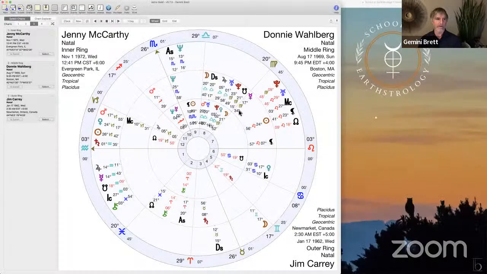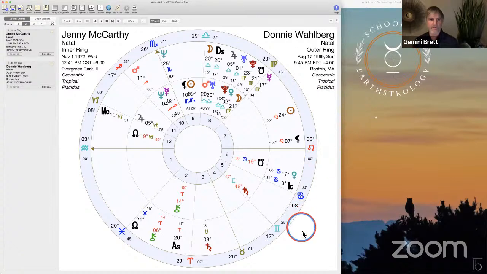And so, just to let you know where we've been since you haven't been here from the beginning, perhaps, I saw an interview of Jenny McCarthy and Donnie Wahlberg, who's been married to Jenny McCarthy for 7+ years. You see Jim Carrey's chart here as well. Jim Carrey was in a relationship with Jenny McCarthy before she and Donnie Wahlberg were married. And when I look at their charts together, I can tune into some synastry, right?